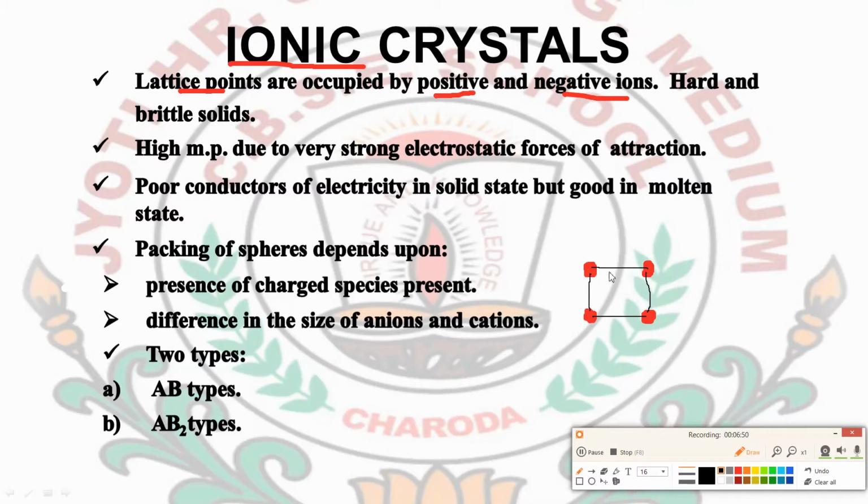It means that each red dot will be a particle, and it can be a positive ion or a negative ion in case of ionic crystals. Due to the presence of ions here, you know that a positive and a negative ion will attract each other. They will have a strong electrostatic force of attraction between them.